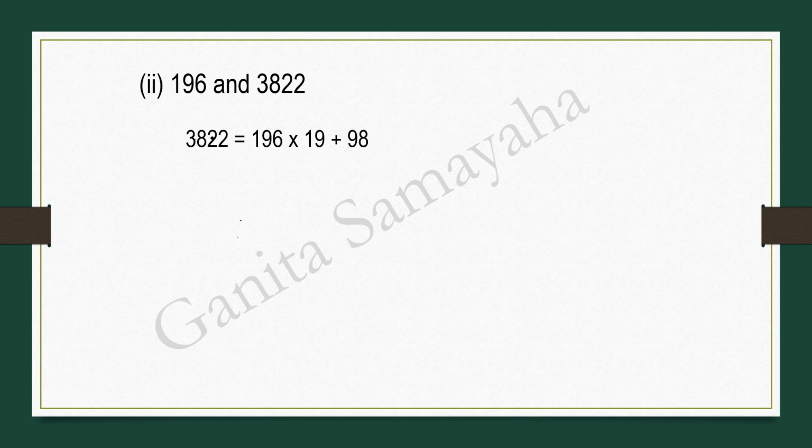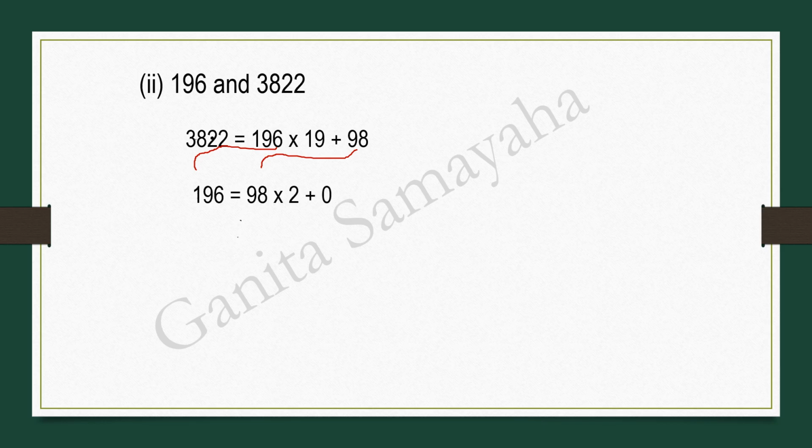Okay, children. So 3822 = 196 × 19 + 98. Now what happens to 196? 196 becomes our dividend and 98 becomes our divisor. Is it clear, children? So we have to express 196 in terms of 98.